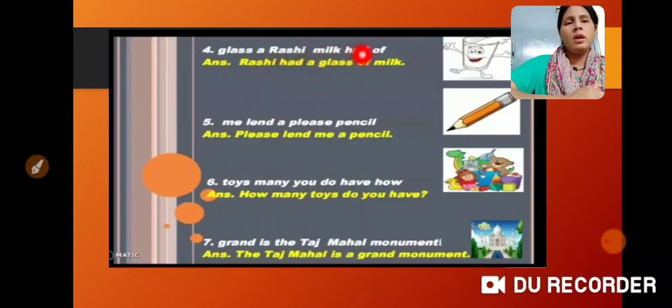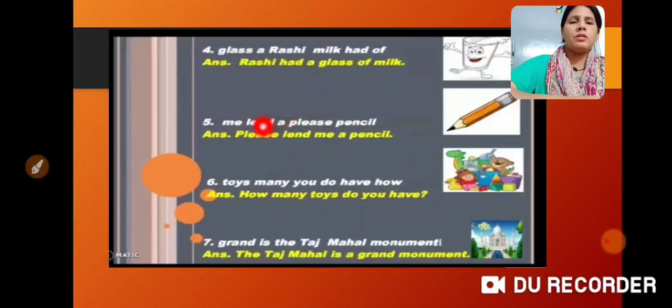So the proper sentence will be, Rashi had a glass of milk. Now this is a proper sentence. A sentence always begins with a capital letter, so R will be in capital form, and this sentence is telling us something about Rashi, so this sentence ends with a full stop.